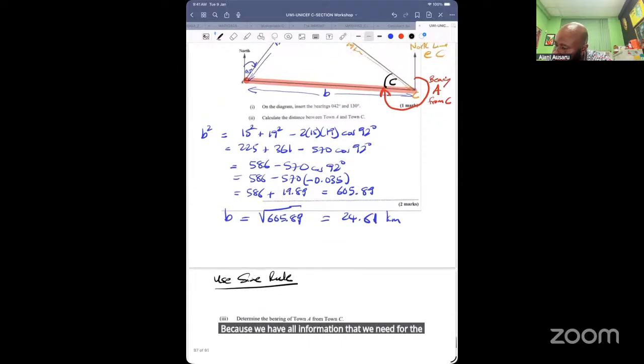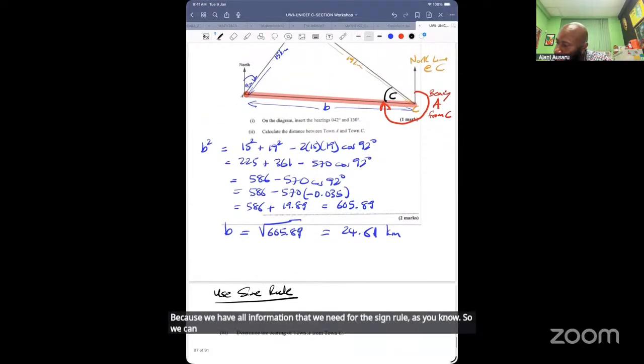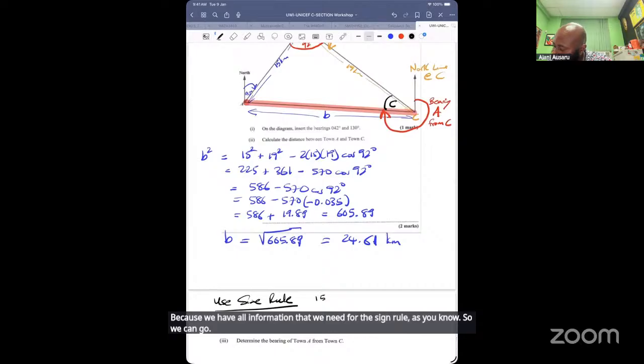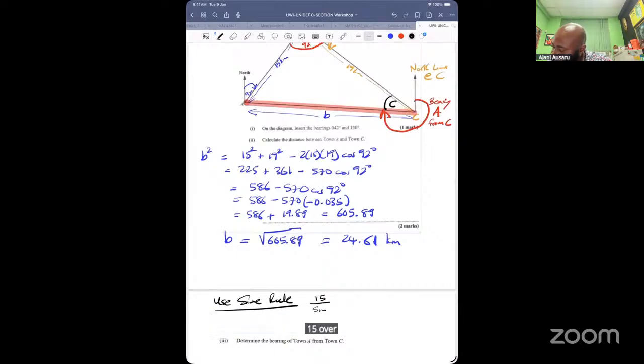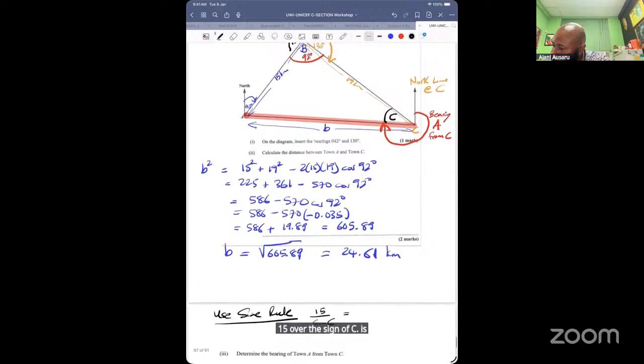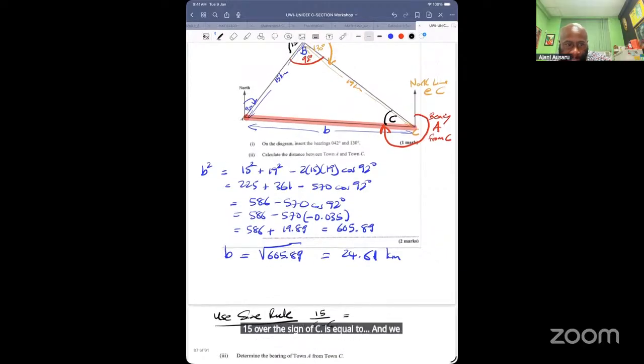So we can go 15 over the sine of C is equal to B over the sine of 92 degrees.